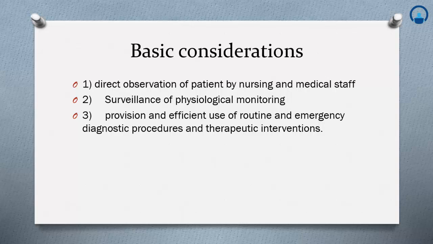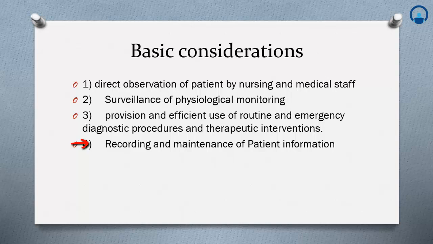Since these are complications of surgery, the ICU has to be close to the OT department. This is the point to be taken care of: it has to be close to diagnostic procedures and therapeutic interventions.